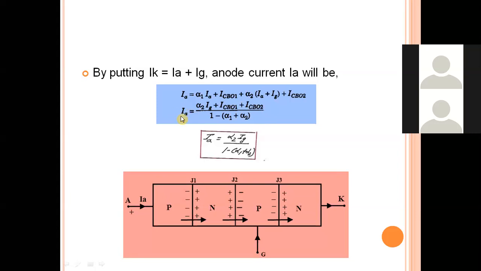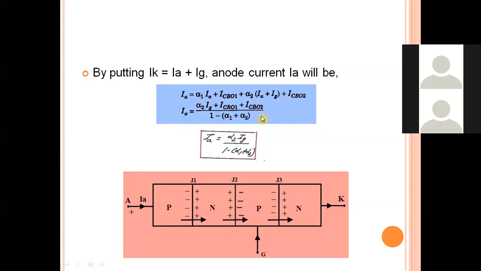That means the anode current IA becomes infinite. When IA is infinite, it states that the device immediately latches from its blocking mode to the conducting mode. This phenomenon, in which the sum of the current gains of the two transistors is equal to unity, is considered regenerative conduction.